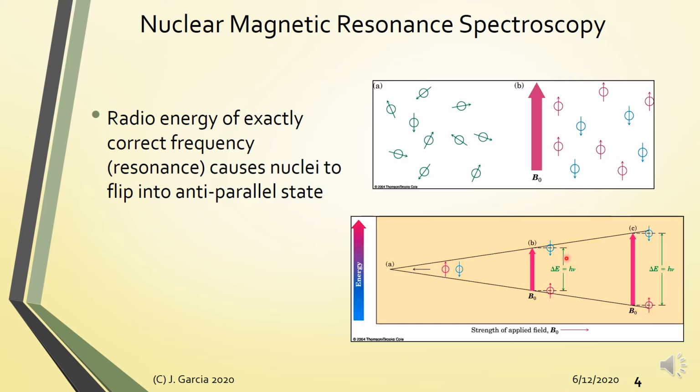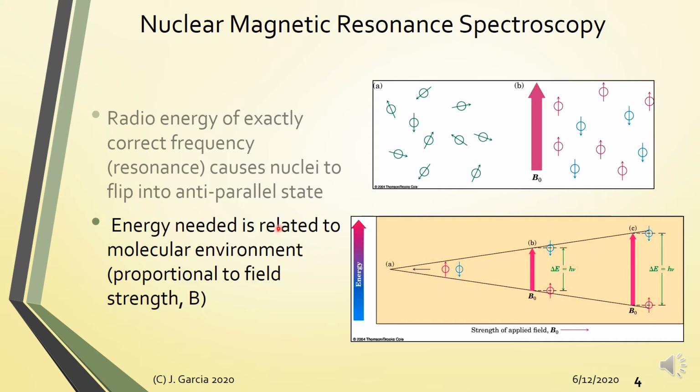So, sabi nga, to flip the spin of the nuclei into the anti-parallel state. Okay, no, so we should be able to irradiate the nuclei with this energy difference between the two.